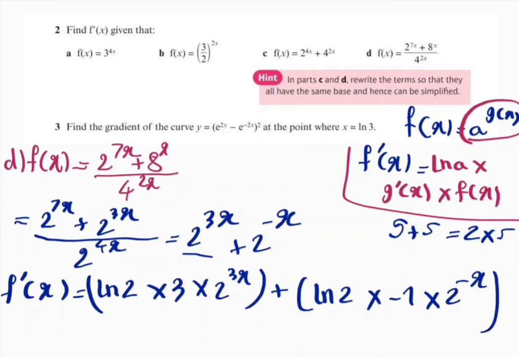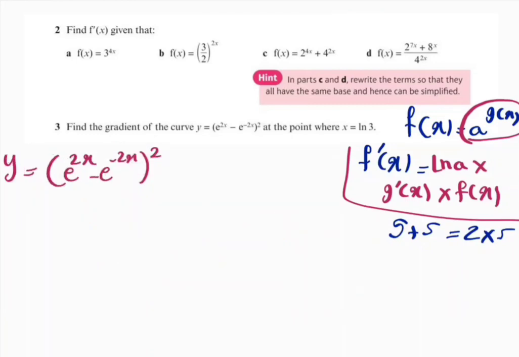And that's it. Of course we can simplify this a bit more, but there is not really going to be anything significant. You can rewrite this as minus ln 2 times 2 to the minus x, and same thing here.